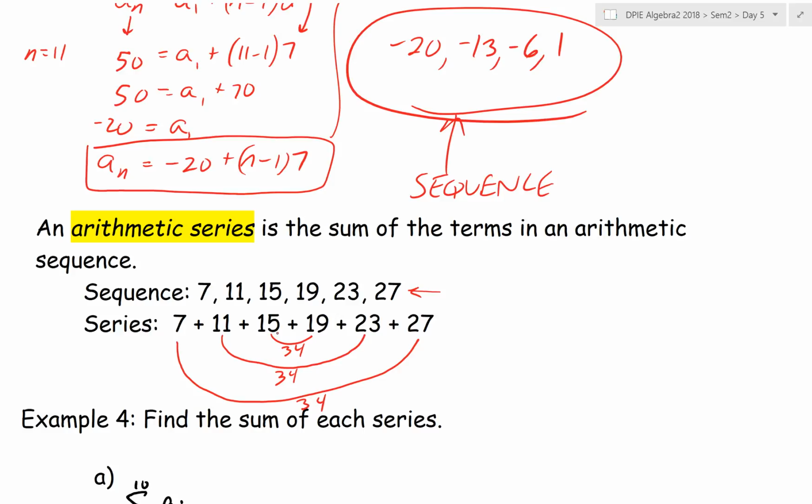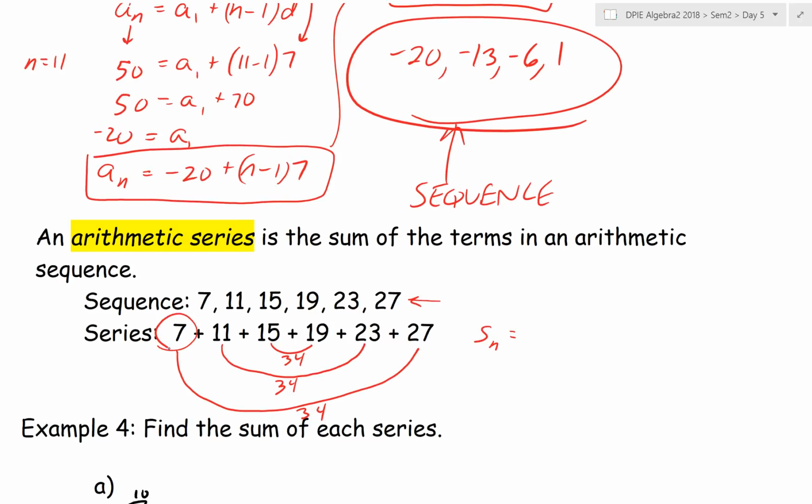So what we want to recognize is that when we get longer and longer series, the sum of the first n terms is always going to be the first term plus the last term. So we would call that a1 plus an times the number of pairs that we would get.